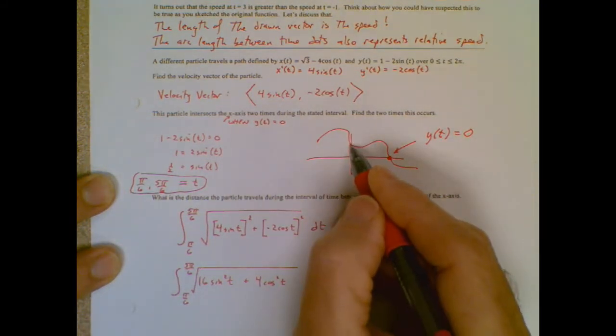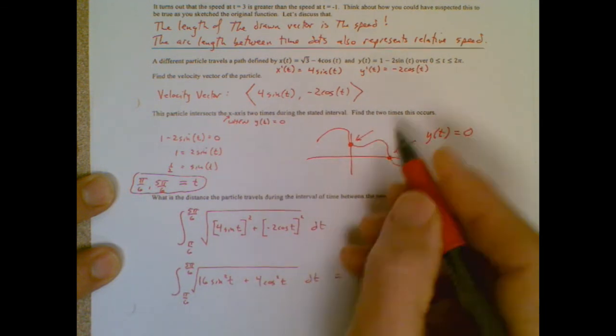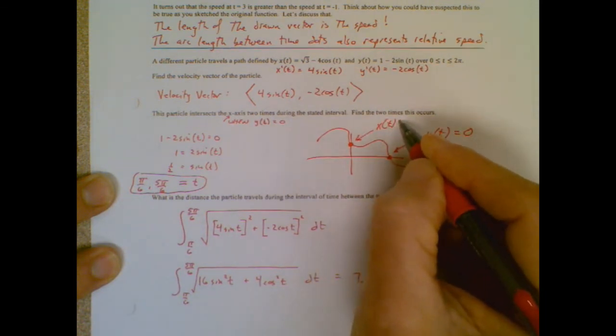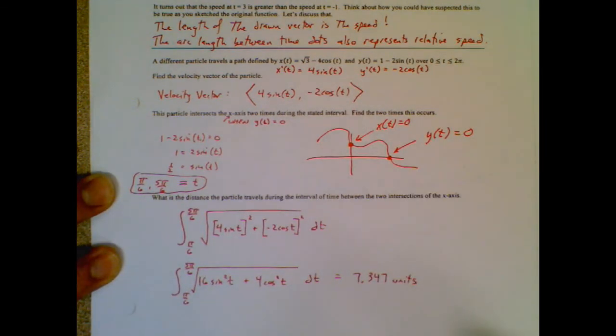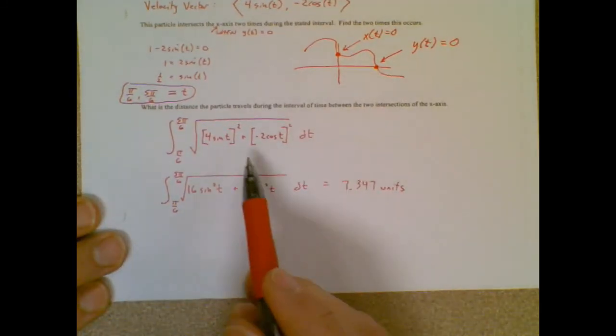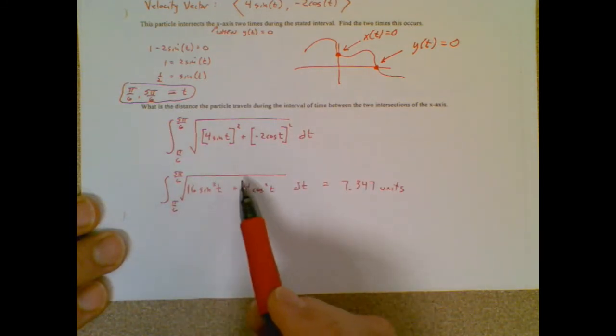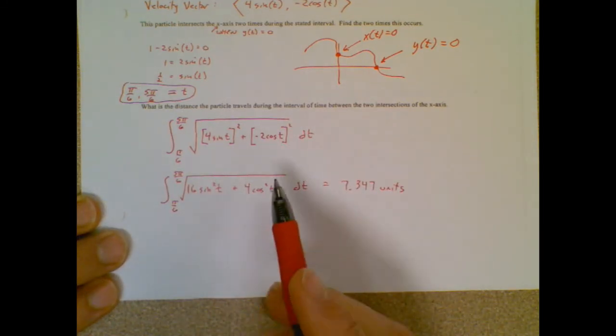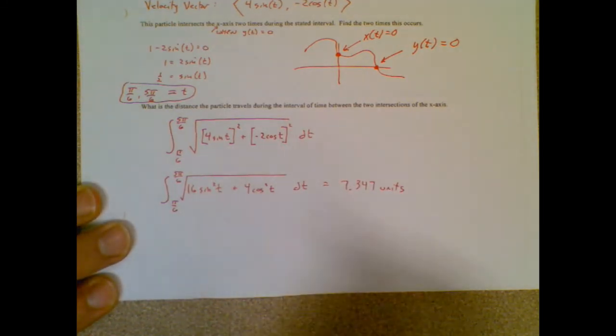By the way, it would intercept the y-axis when the x component of the position vector is 0. And then the ending example in these notes is a distance traveled of a particle, and the distance traveled is really just an application of the arc length formula of parametric equations, and it's what we talked about at the beginning of this video as well.